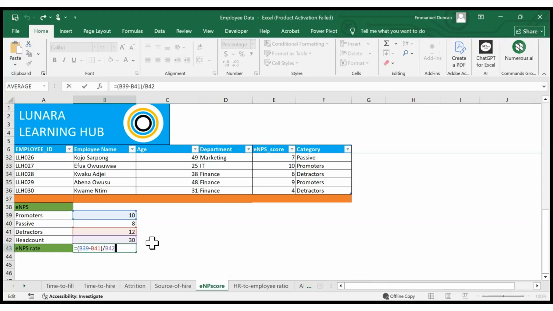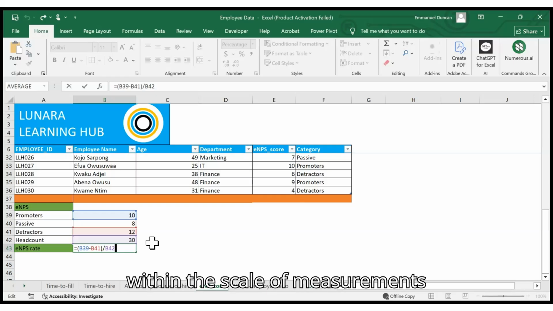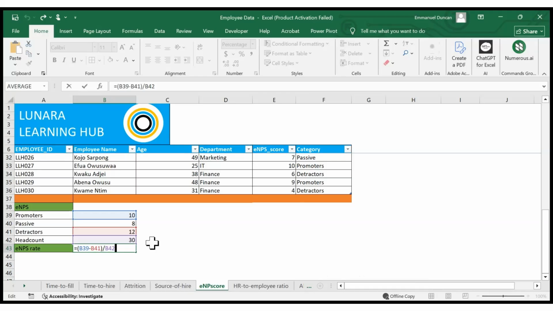So we look at the promoters and the detractors within the scale of measurement to actually measure those who count in the promotion of your brand.